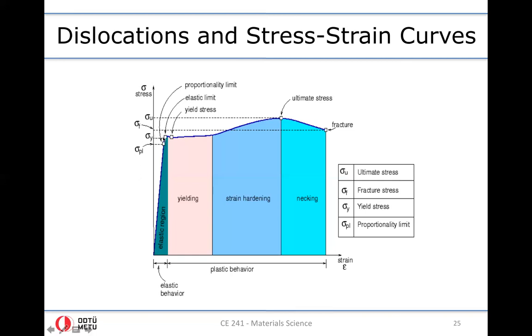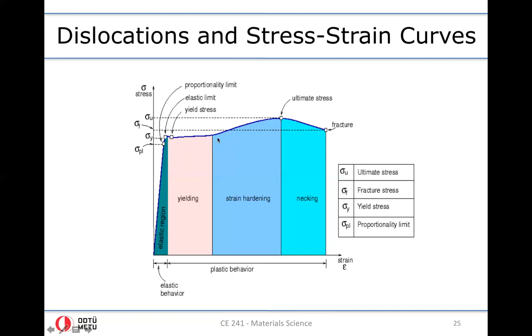But there's a point, referred to here as the yield stress, denoted by sigma y. If you deform the material beyond this point, you start to generate plastic deformations. And after the yielding, we have a region where we observe some hardening.